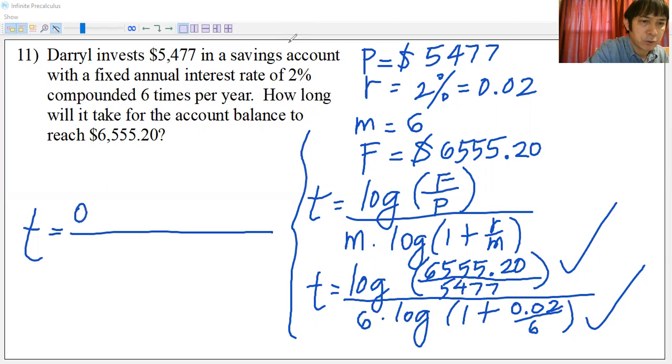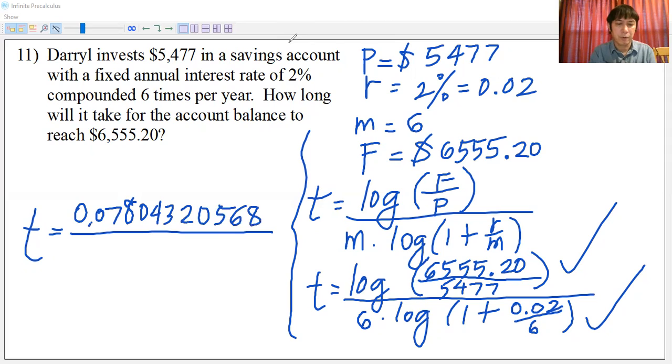And that's equivalent to this number, 0.0780432568. All right, that will be our numerator. Now let's have the denominator. That will be 6 times logarithm of 1 plus 0.02 over 6.